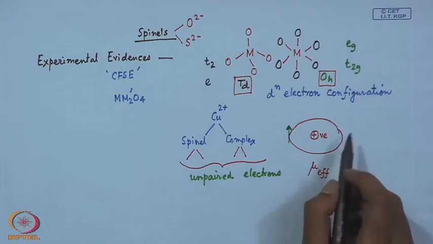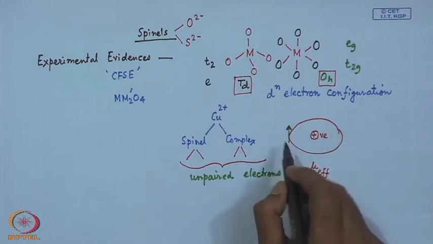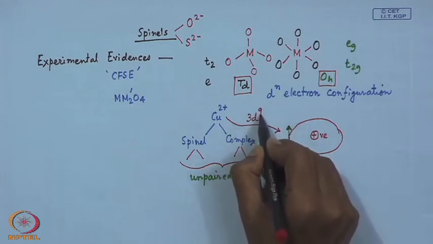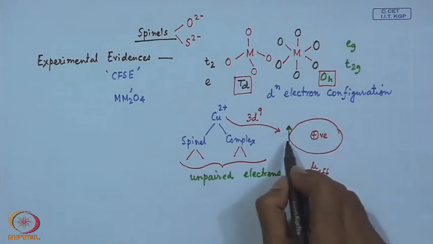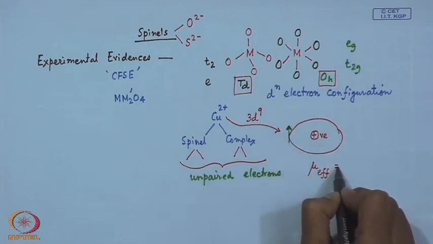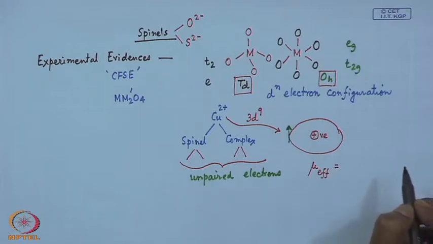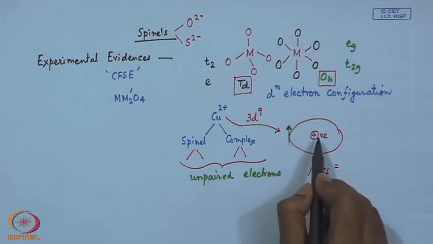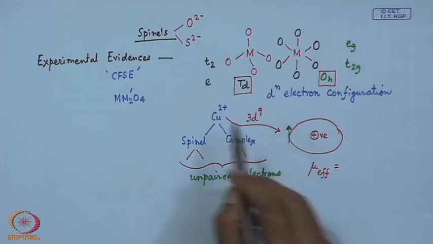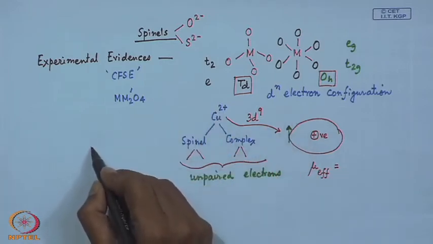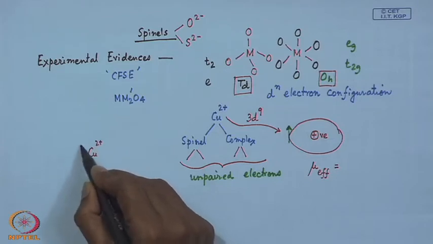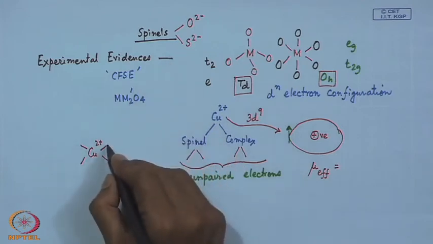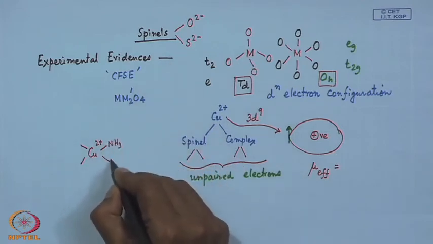When we are talking about a system where the individual unpaired electrons, if it is copper 2 plus, we know that is a 3d9 system. So, we have one unpaired electron, and that unpaired electron is responsible for giving rise to the corresponding mu effective value. In a magnetically dilute system, this unpaired electron belongs to one particular metal center, the copper 2 plus center, and we can have either the different oxide ions, sulfide ions, or simple ligands like ammonia.